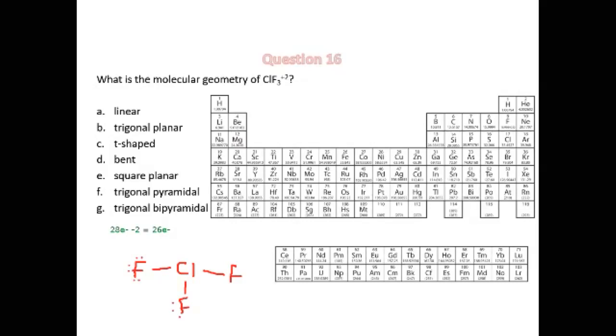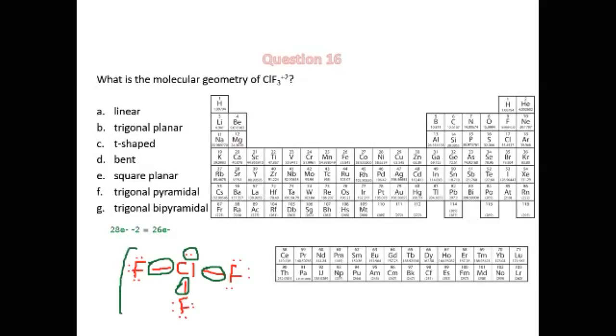I'm just showing you all the steps, but some of you may identify the geometry quicker. That's all right. So we have 26 electrons. Now we want to determine the type of molecular geometry. Here it has 3 bonding pairs and 1 lone pair.